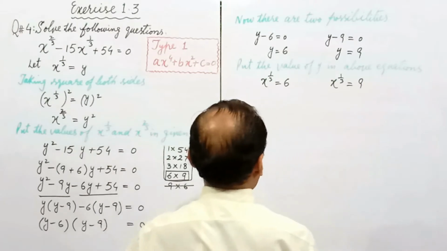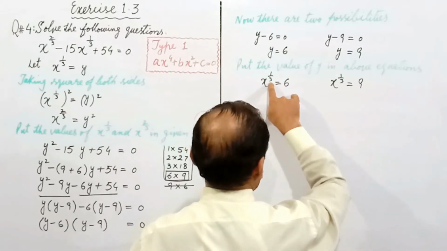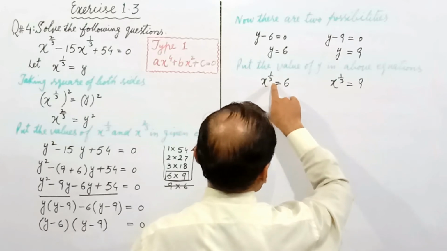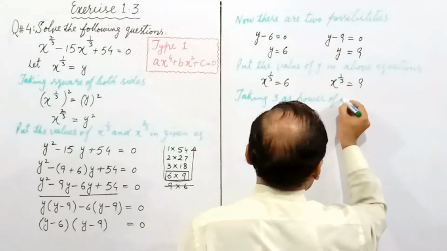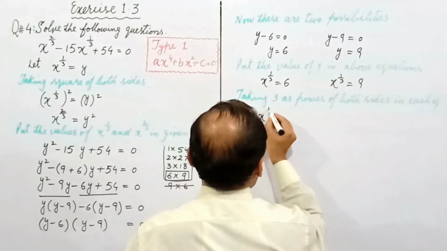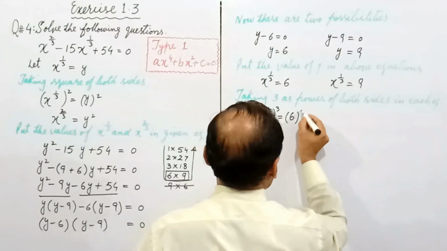As we require the solution, we have to remove that power 1 over 3, and it can be removed by taking power 3 of both sides. We take power 3 of both sides in each equation.